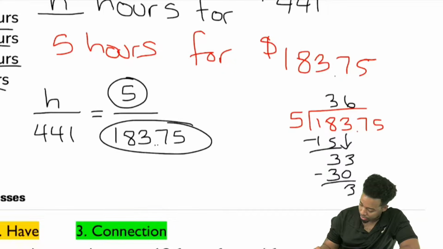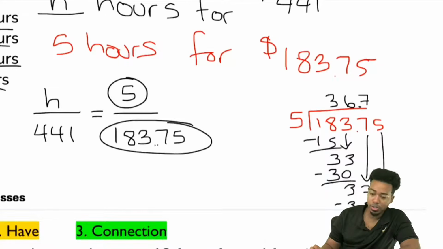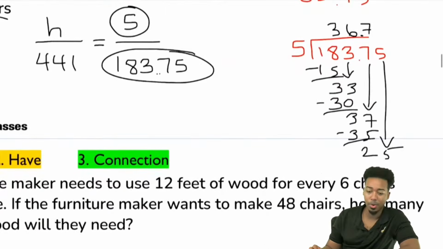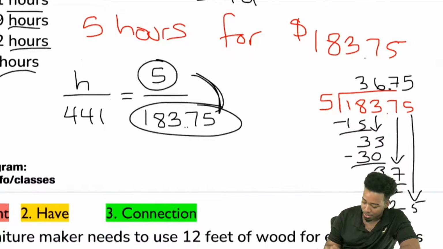Subtract 30. That's a 3. Bring down that 7. 5 goes into 37 7 times. Put that decimal place right where it belongs. So that'll end up being minus 35. Then we have ourselves a 2 and a 5. That's so much math that y'all can't even see, right? I'm going into the next problem. And so that'll end up being a 5 right there. But nonetheless, we simplify this right here.